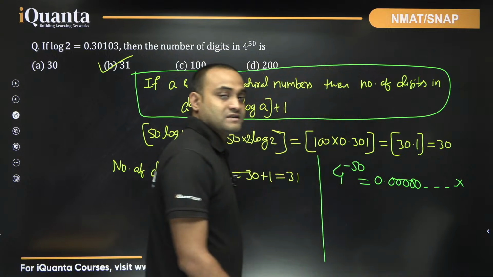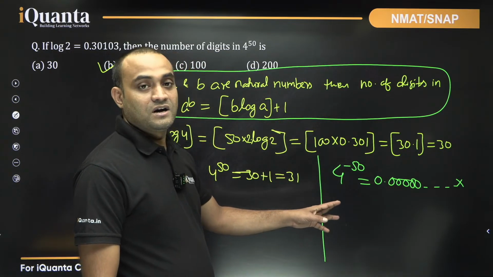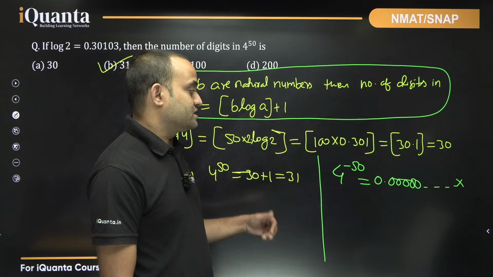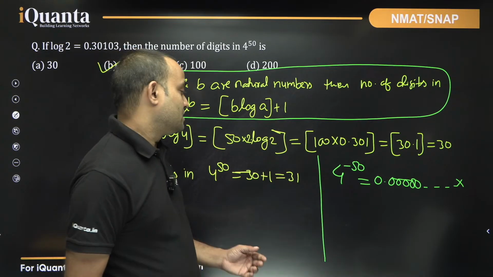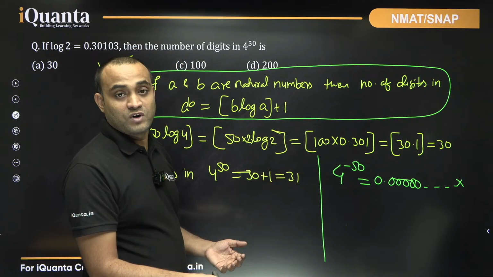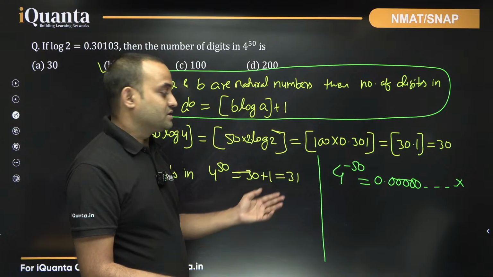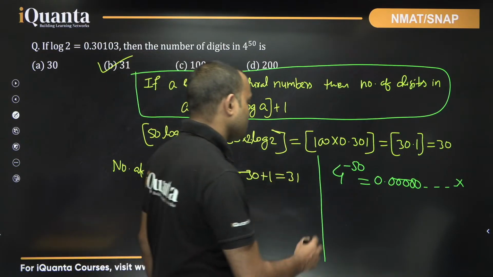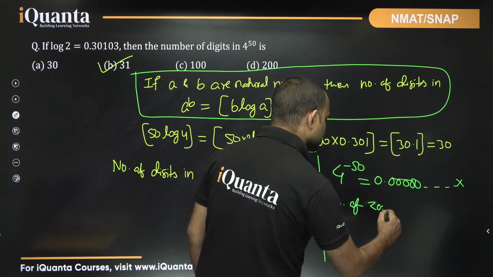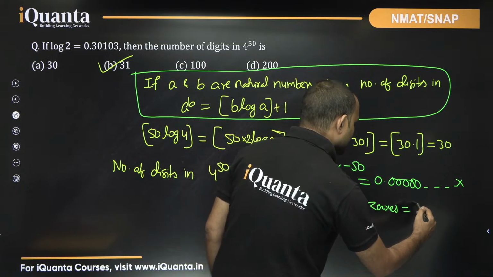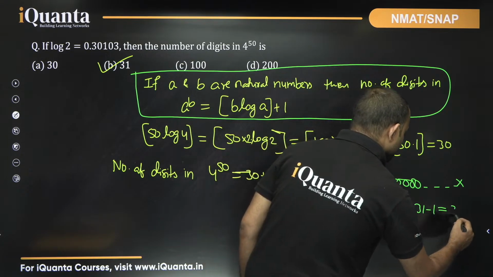Before a significant digit comes, like 1 to 9. So how many zeros will be there after decimal? This will be 31 minus 1, that is equal to 30. So here the number of zeros is equal to 31 minus 1, which is equal to 30.